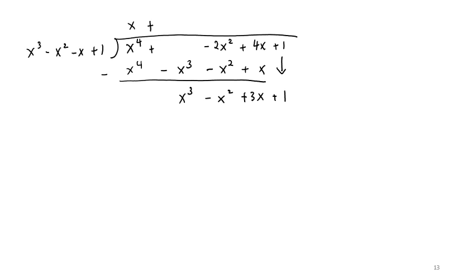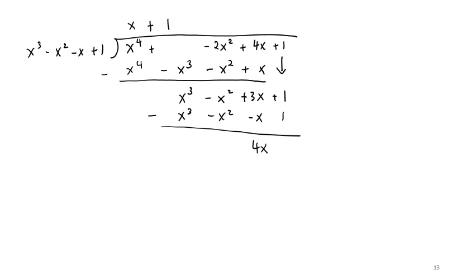x cubed divided by x cubed, you get 1. So 1 times x cubed is x cubed, 1 times minus x squared is minus x squared, 1 times minus x is minus x, 1 times 1 is 1. Then subtract everything and you get 4x.